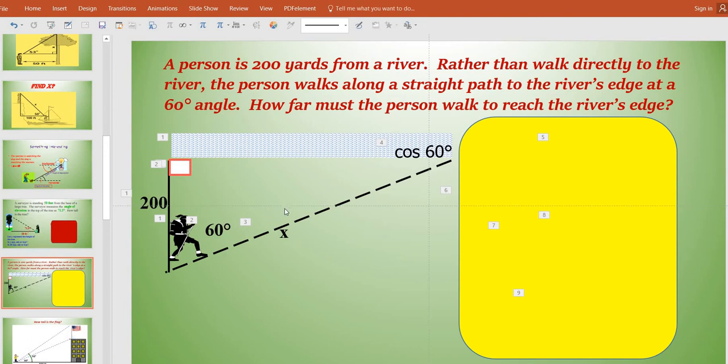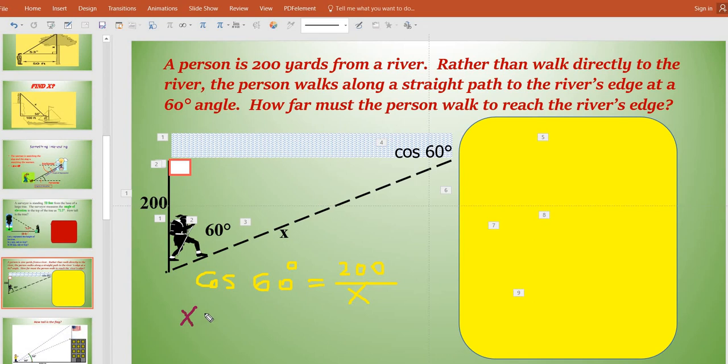In this case, we use cosine theta. Cosine 60 equals 200 divided by x, adjacent over hypotenuse.